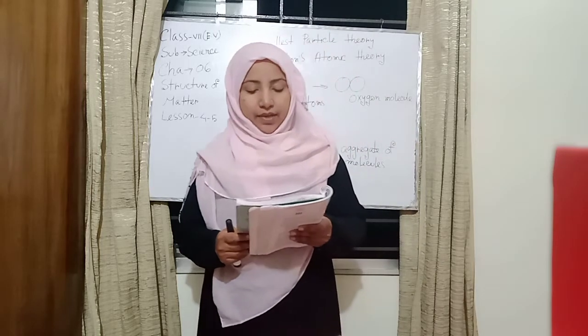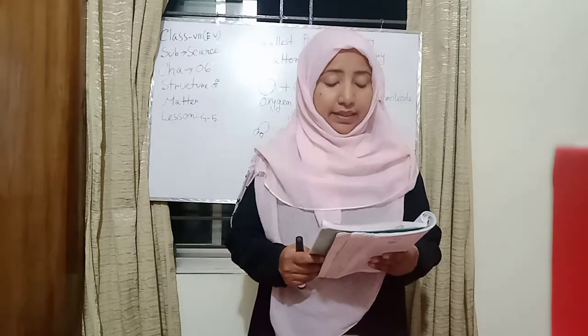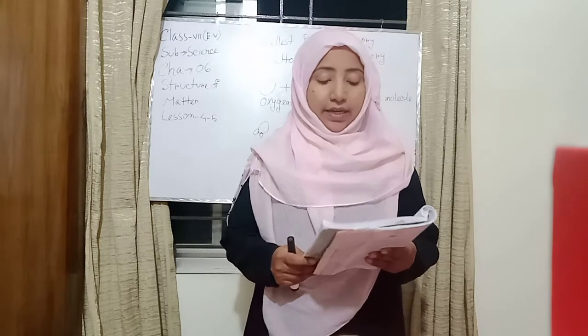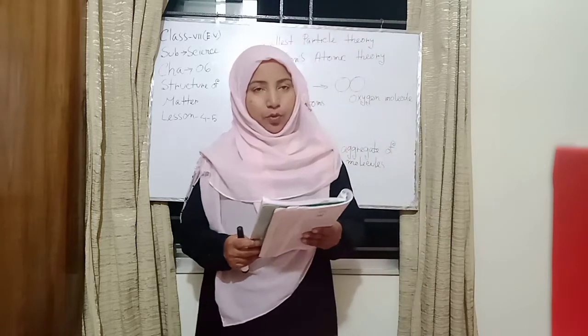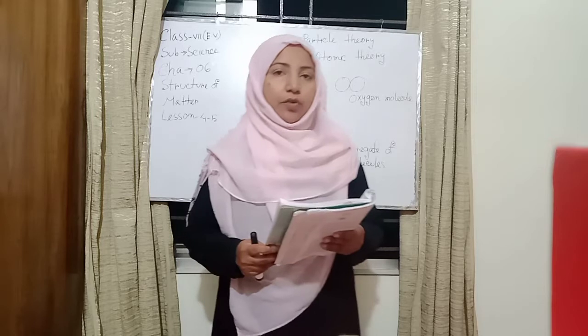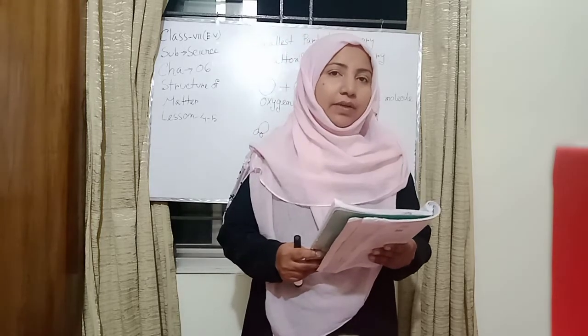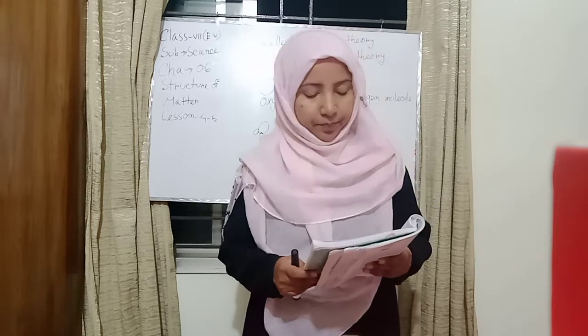According to him, every matter is made of some small indivisible particles which cannot be broken anymore. He called such small particles atoms. The word atom comes from the Greek word atomos, which means indivisible, or things that cannot be broken.